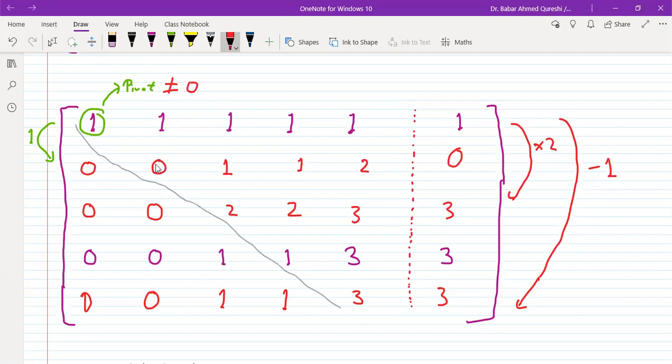Over here, it's not 0. What can I do? If I swap these two, it doesn't help because everything below it is 0. I can't swap it with the first one because it's going to destroy my first row. It will bring a 0 up there. So I'm in a bind. I can't do it. There's a complete failure. I can do nothing.